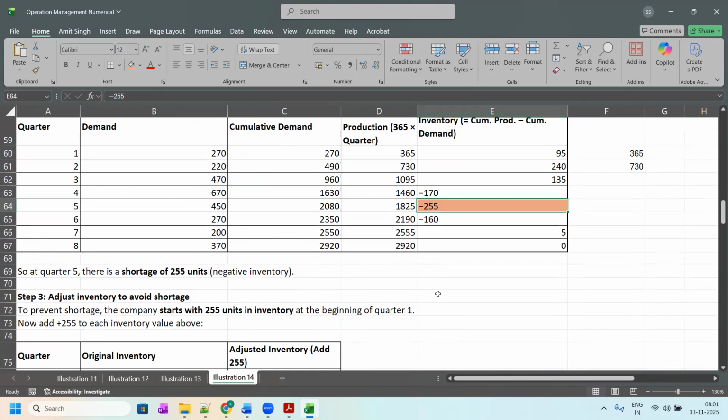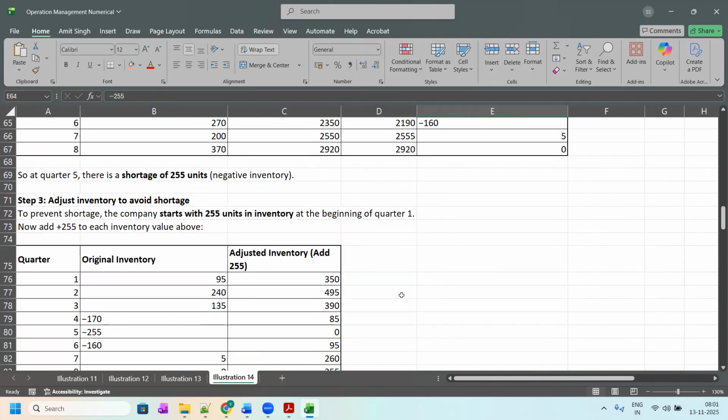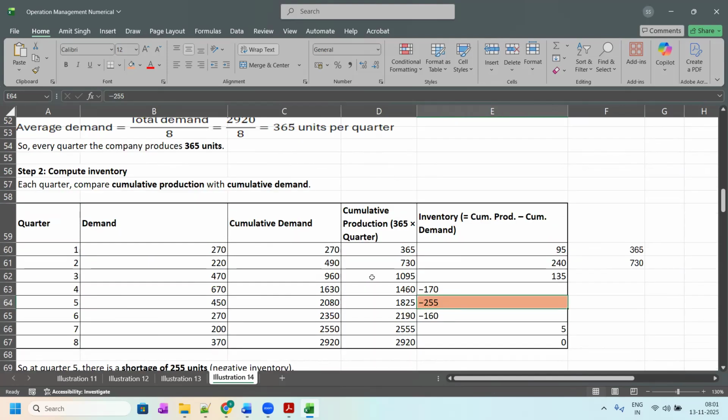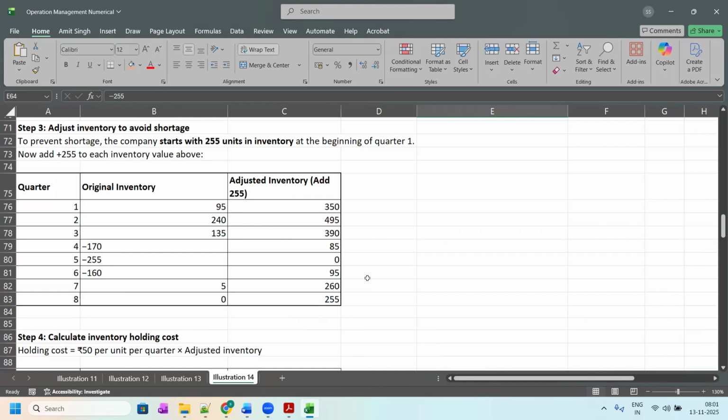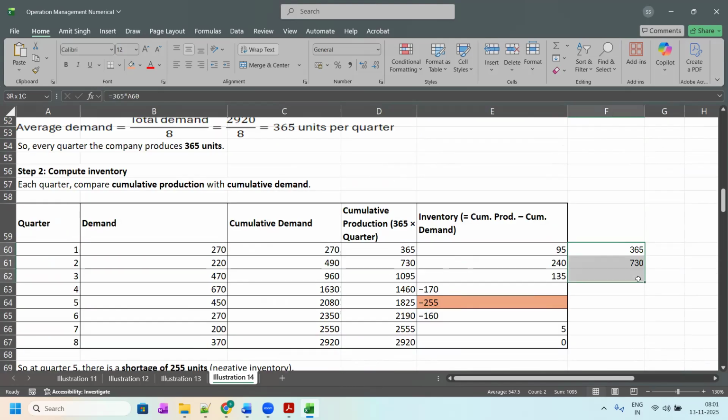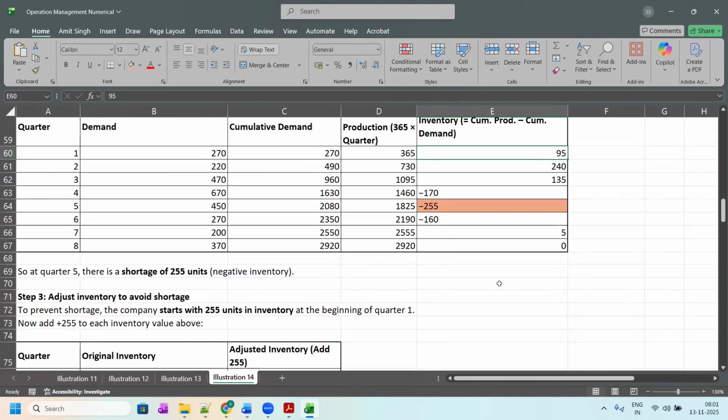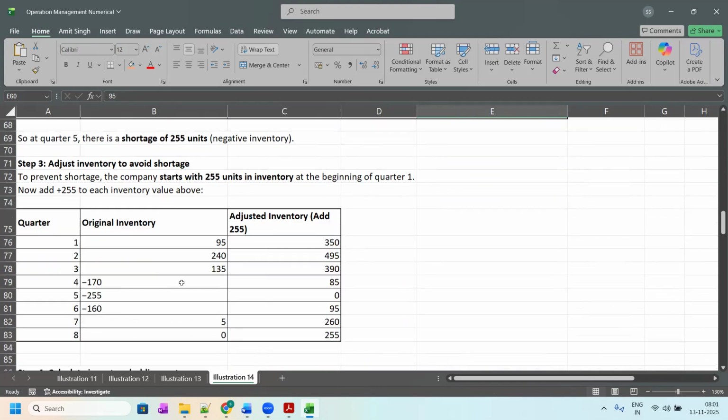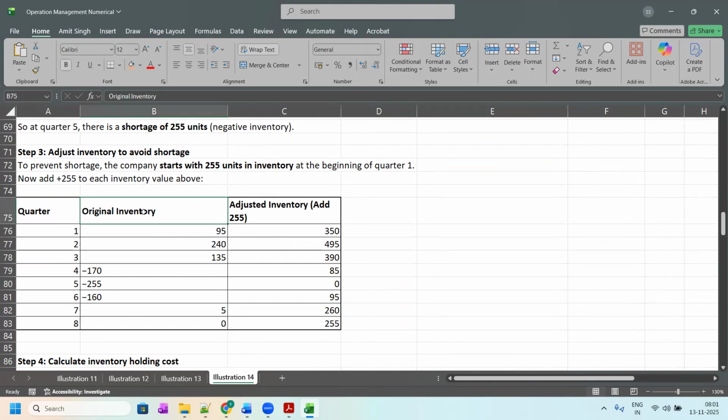In quarter 1 your original inventory was 95. Then you have all this data: 95, 240, 135. This was the inventory value. You got it from the difference between 365 into quarter and your cumulative demand.